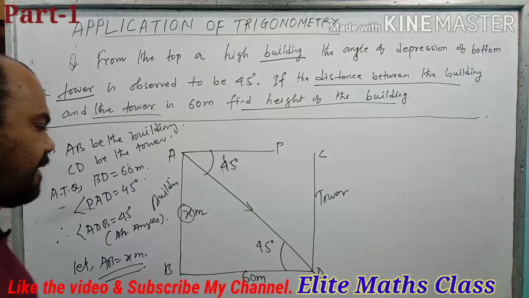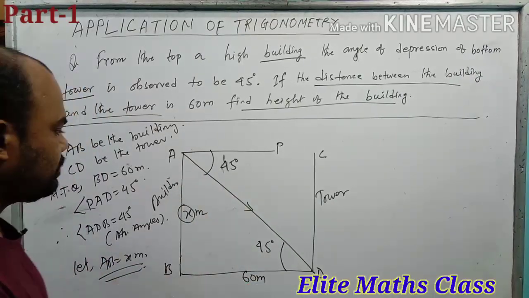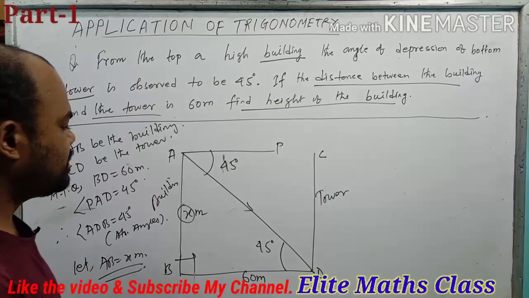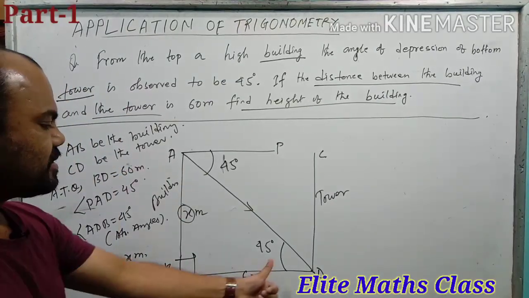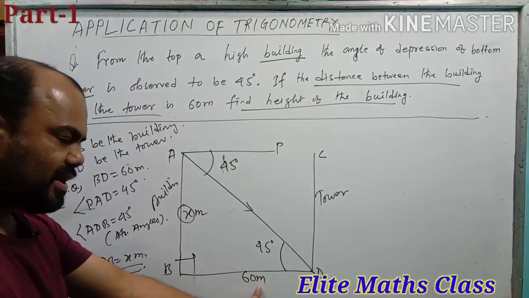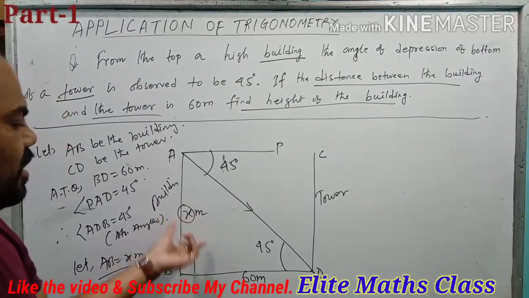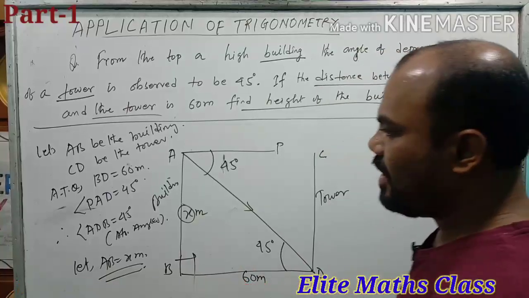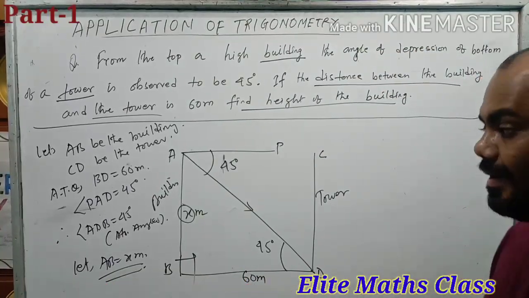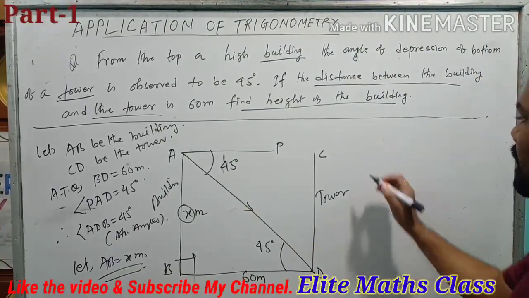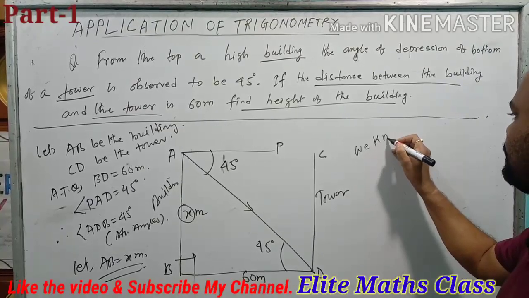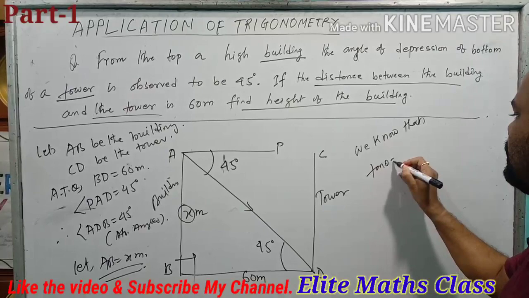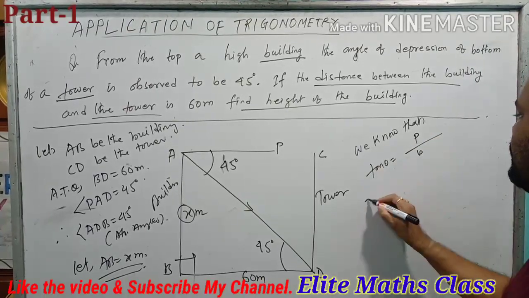Now see here again, this is a right triangle, this is the base, this is the height. As it is the given angle, the adjacent side is base and the opposite side is height. So we have to use the relation between base and height, that is again the relation of tan. We know that tan theta equal to perpendicular by base.